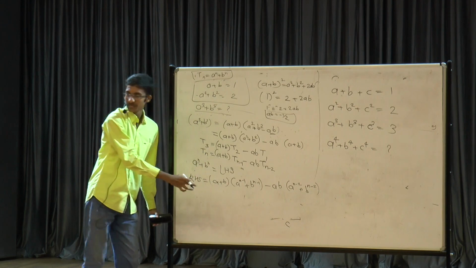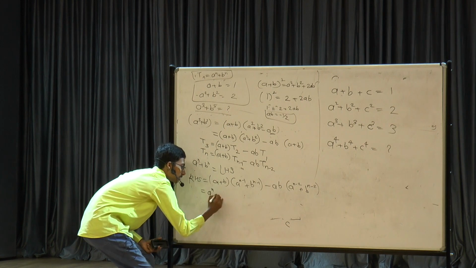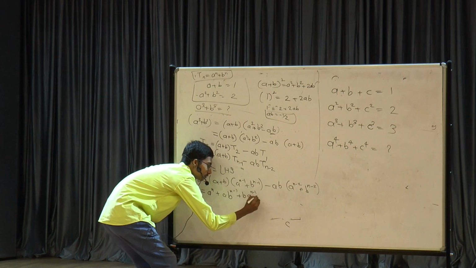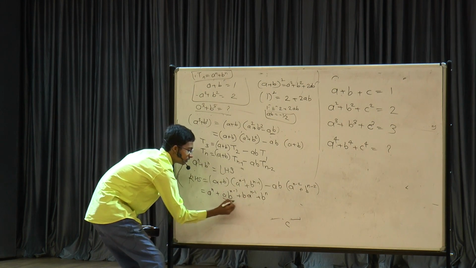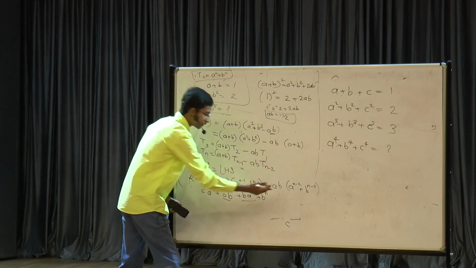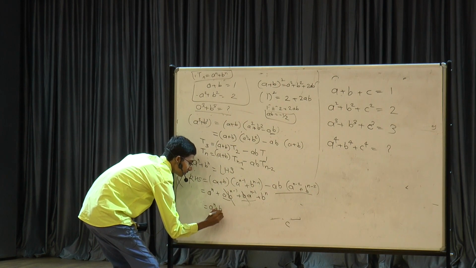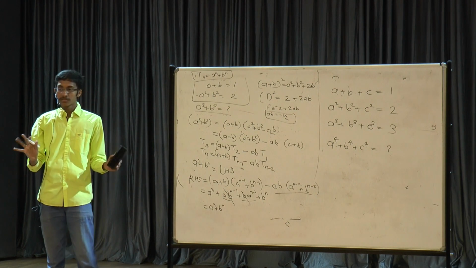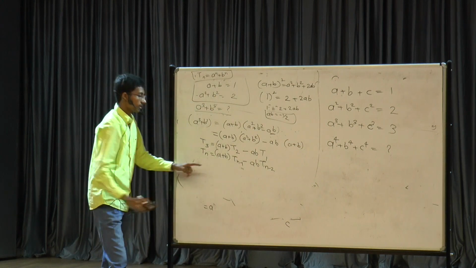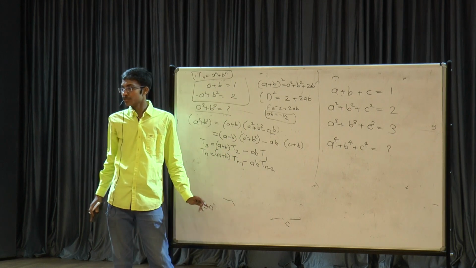Do you see these two are the same? This, if you expand, is going to be A power n plus A B power n minus 1 plus B A power n minus 1 plus B power n. And these two terms are exactly what you're subtracting. So these two get cancelled with this. So you remain with A power n plus B power n, which was exactly LHS. So we know that Tn is A plus B times Tn minus 1 minus AB times Tn minus 2.